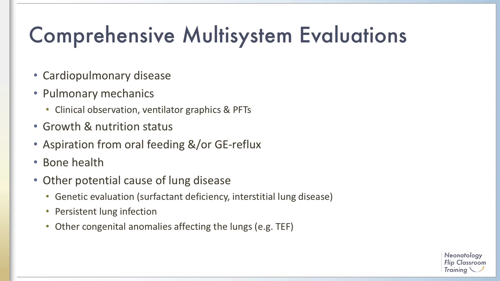Equally important is the evaluation of other system problems that might affect the progression of the lung disease. These include careful assessment of patient's growth and nutritional status, presence of microaspiration from either oral feeding or GE reflux, fragile bones or existing fractures, and other potential causes of lung disease.